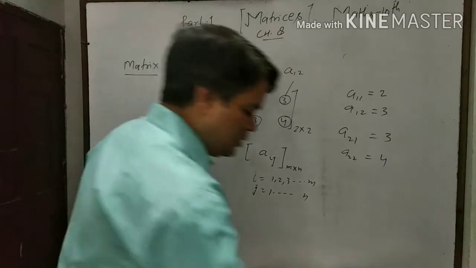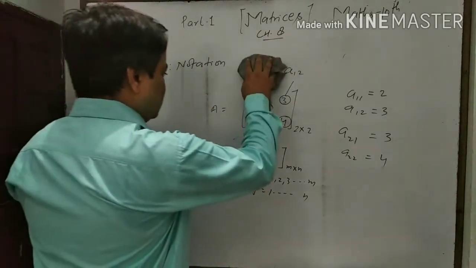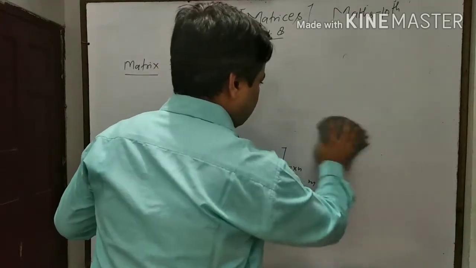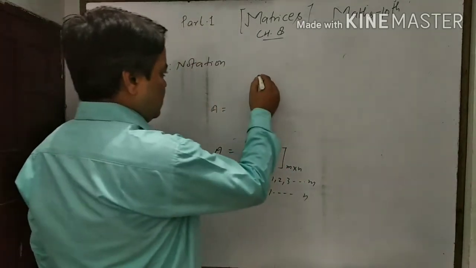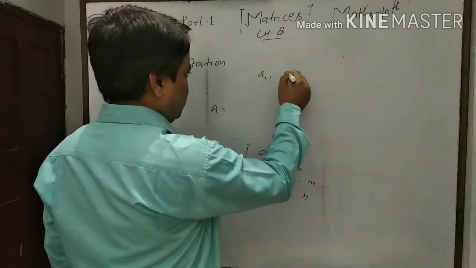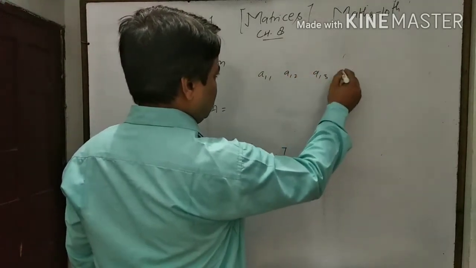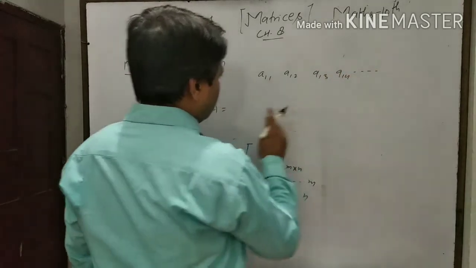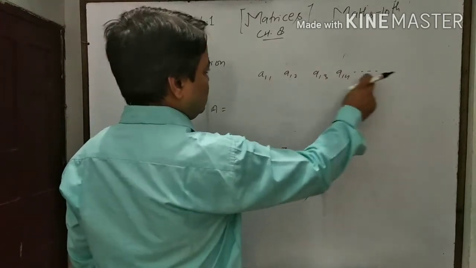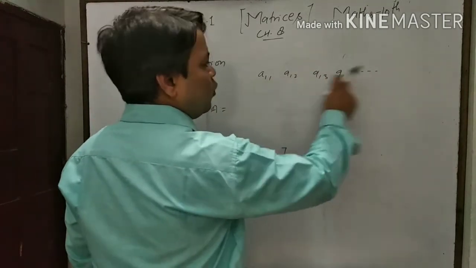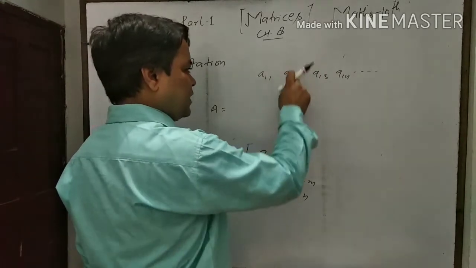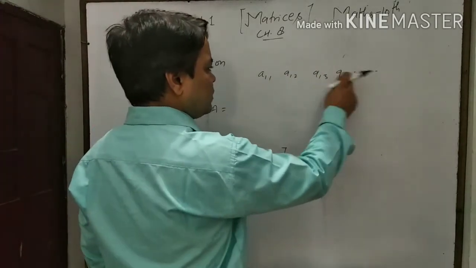Here we can also write matrix A in general form like this. Here a11, a12, a13, a14 like this. What is increasing here? It is the first row, first row, first row, and here this is the column: first row first column, first row second column, first row third column, first row fourth column.